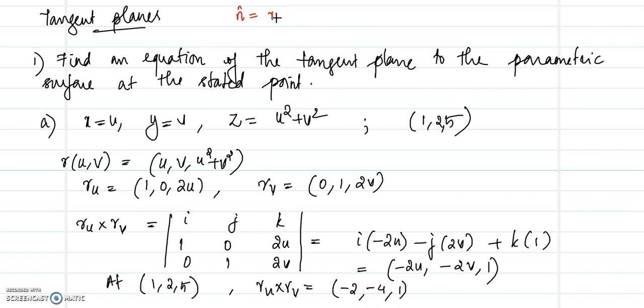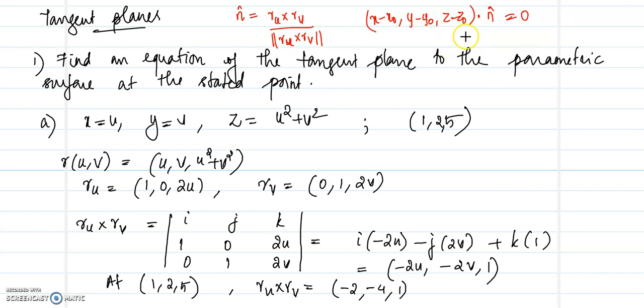So the normal vector will be ru cross rv by the norm of ru cross rv, and this is the unit normal vector. The equation of the tangent plane will be x minus x naught, y minus y naught, z minus z naught dot n equal to 0. So that will give the equation of the tangent plane.